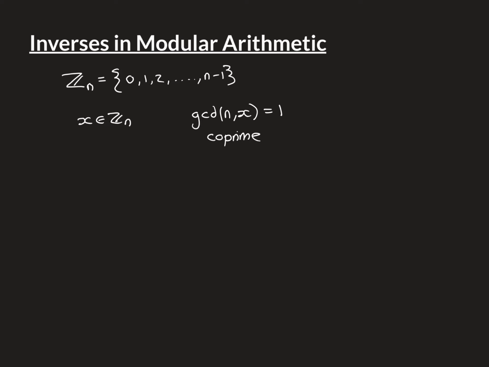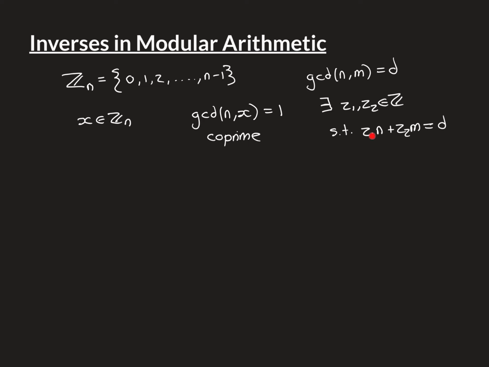Bezout's identity says that if you have two integers, n and m, and the greatest common divisor of these two integers is equal to some value, let's call it d, then Bezout's identity gives you an equation that holds true in the ring of integers. It says that there exist z1 and z2 inside the integers such that this equation holds true as an equation in the integers: z1 times n plus z2 times m is equal to d.